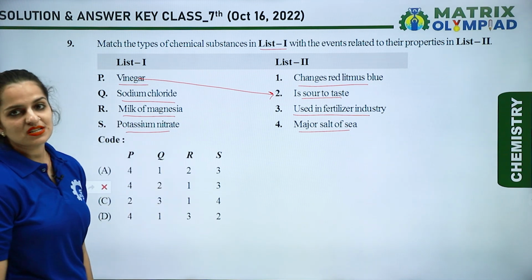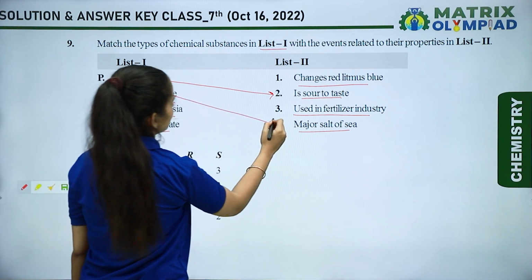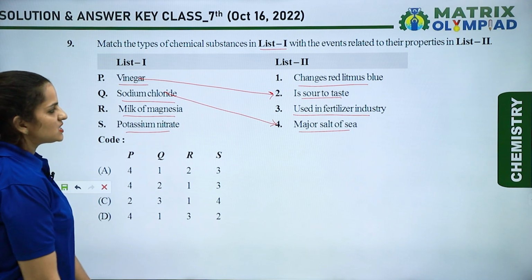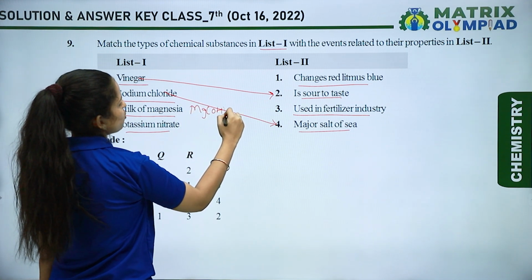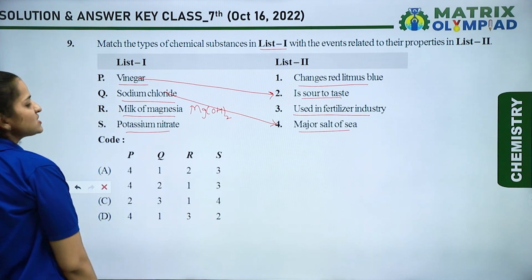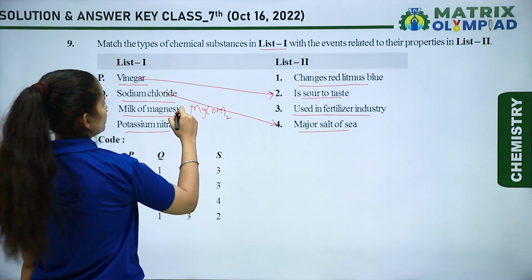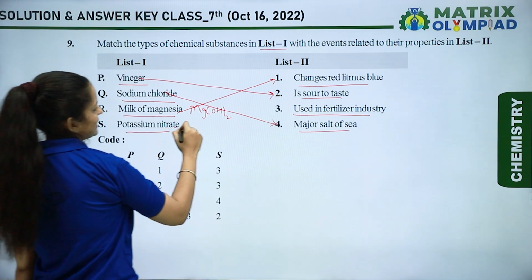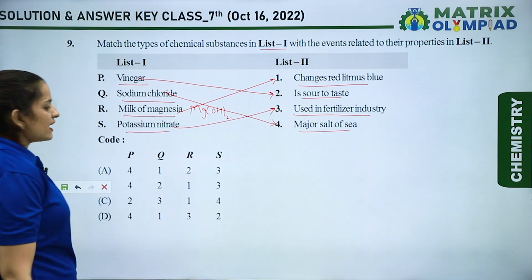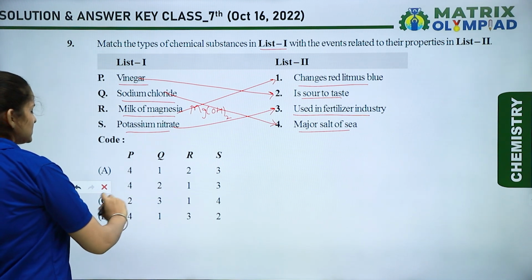Sodium chloride, NaCl, is the major salt of sea. Milk of magnesia, that is Mg(OH)2, is a base, so it changes red litmus into blue. And potassium nitrate is used in the fertilizer industry. So the correct answer here is option C.